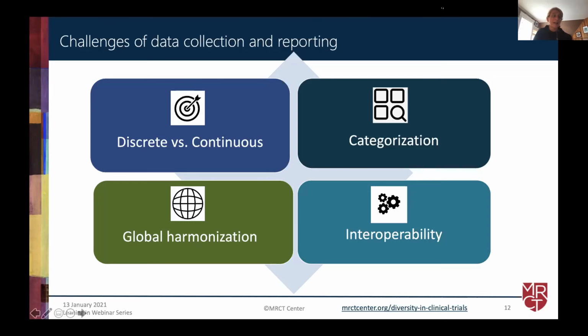If the variable is discrete, it's obviously easy to categorize, but when you have a continuous variable, the buckets should be defined by biology or objective measures.